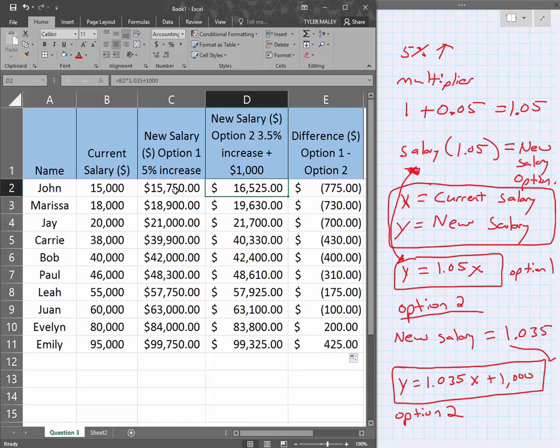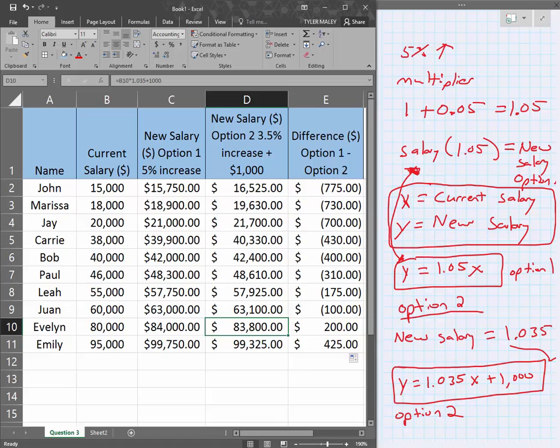If I'm taking option 1 minus option 2 and I get a negative number, it means my first number was less than the second number that I'm subtracting. And you can see that that's true all the way down. Here this is positive because this number is bigger than this number. Option 1 is bigger than option 2. All right, so we have our nice table here.